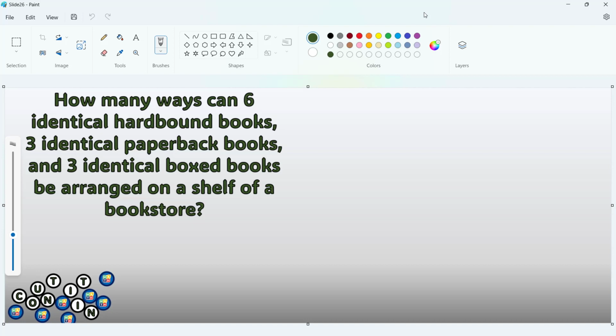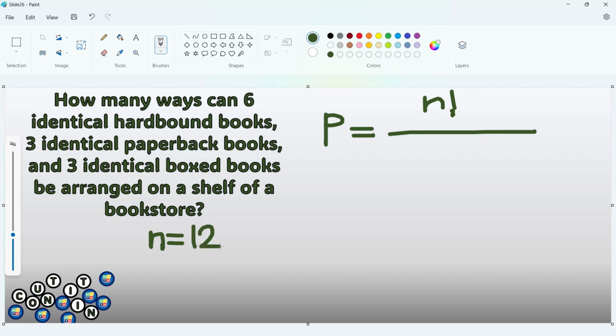This is why we have another formula for permutation of n objects that are not all distinct. We have n factorial for our numerator, and this will be divided by the number of permutations for each kind of identical object, because we all know that n here is 6 plus 3 plus 3. We have 12 books, and we are assuming that all of these 12 can be placed on one shelf of the said bookstore.